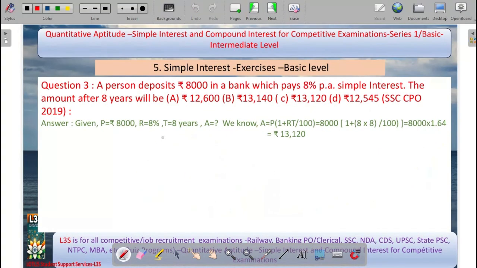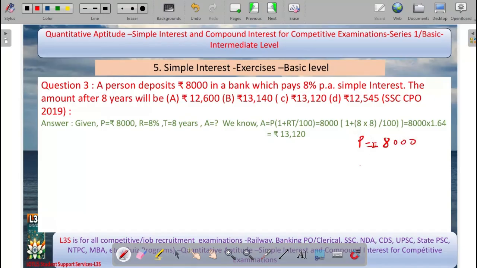Next question. A person deposits 8,000 rupees in a bank which pays 8% per annum simple interest. The amount after 8 years will be: option A 12,600, 13,140, 13,120, 12,545. So what is given here? A person deposits 8,000 rupees in a bank, so principal amount will be 8,000 rupees.